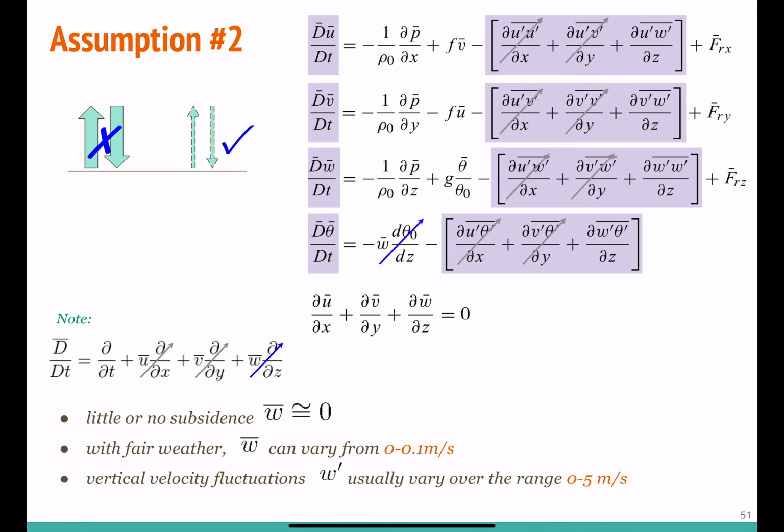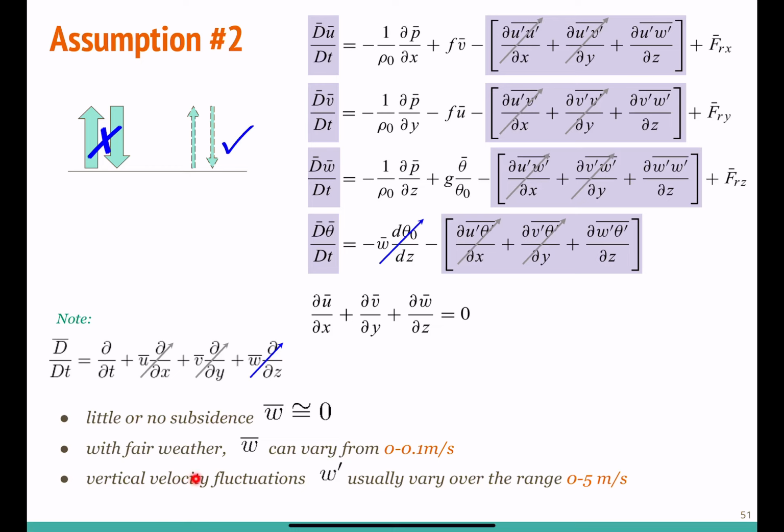The second assumption is that in the PBL there will be very little or no subsidence. So the average vertical motion will be so small that we assume that it's 0. With fair weather, the average vertical motion is between 0 and 0.1 meter per second.